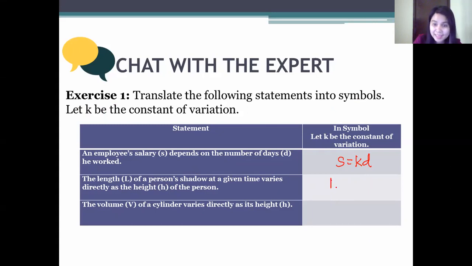Very good. L equals K times H. And the last one, the volume of a cylinder varies directly as its height. V equals K times H. Very good. Now, let's go to the next one.